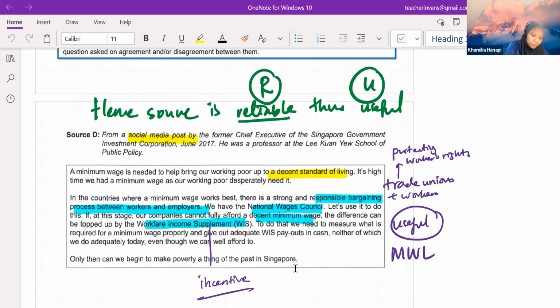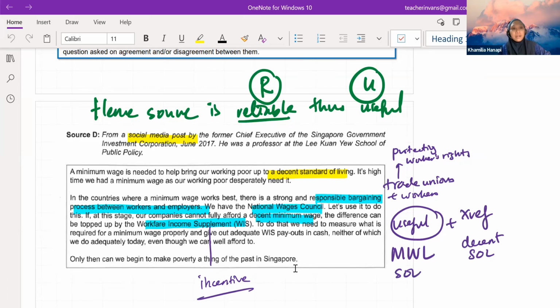Then you must cross-reference to also show that it is about decent standard of living, because that is the key and that is the highlight. You need the minimum wage law because it is about a decent standard of living.